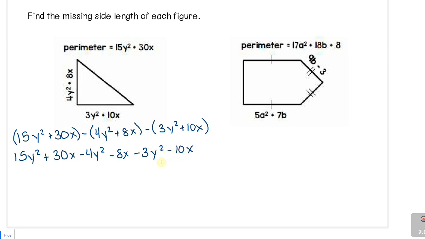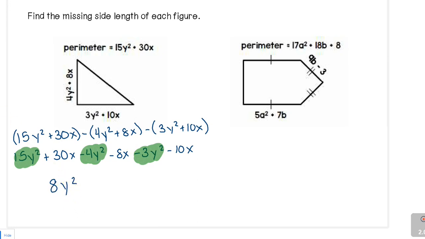Now combine your like terms. Let's start off with our y squared. So we have 15y squared minus 4y squared minus 3y squared. So 15 minus 4 minus 3 is 8y squared.